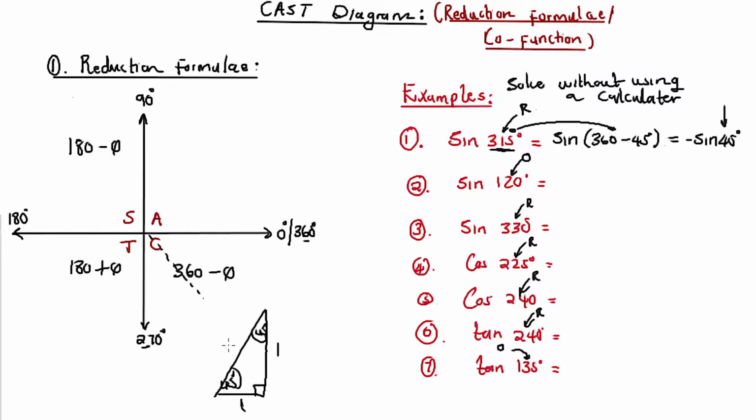Here it's 1, 1, square root 2. We also have the other triangle, the 30-60 triangle. It's going to be 90, 30 is 1, then 60 degrees is square root of 3, then we have a 2 here.